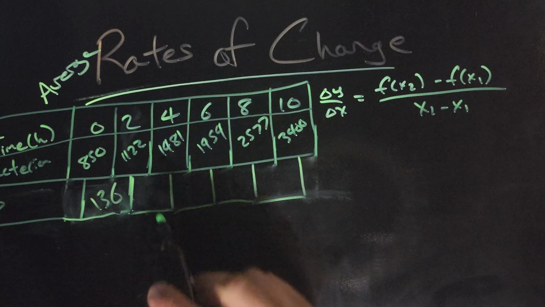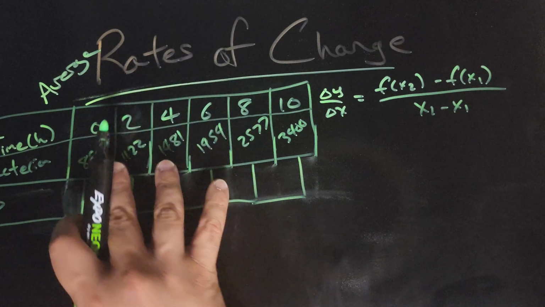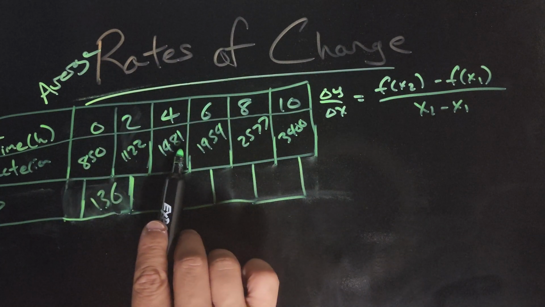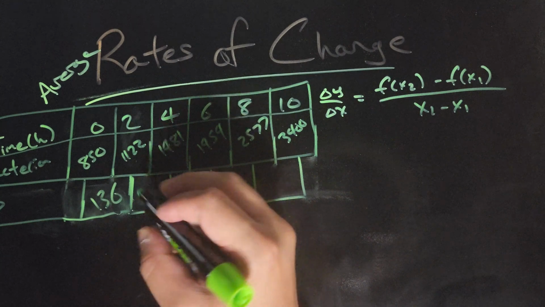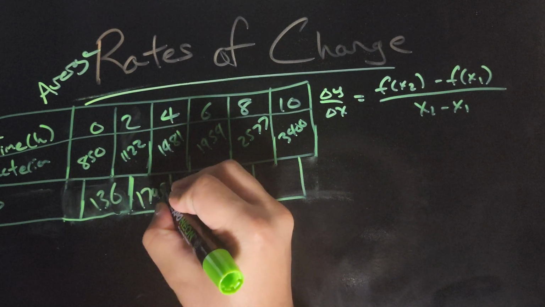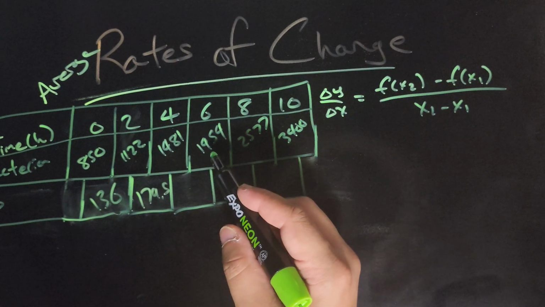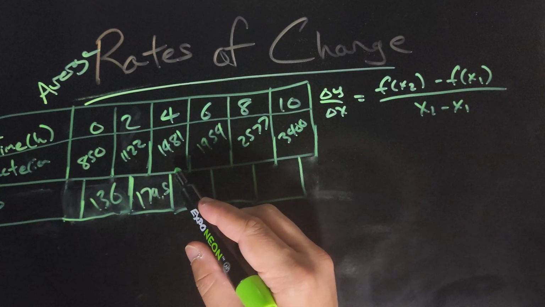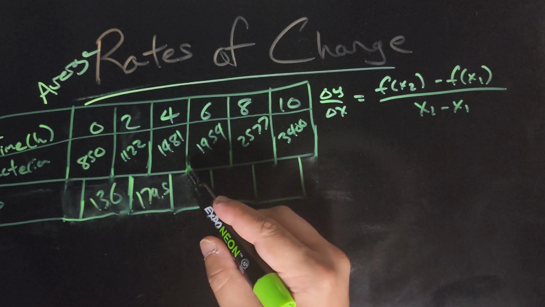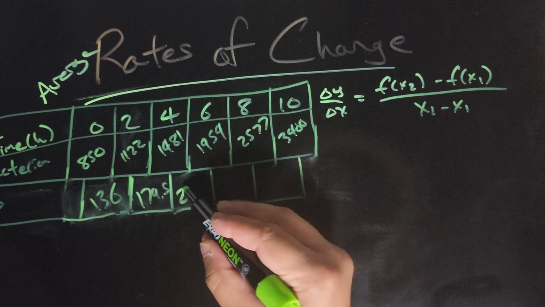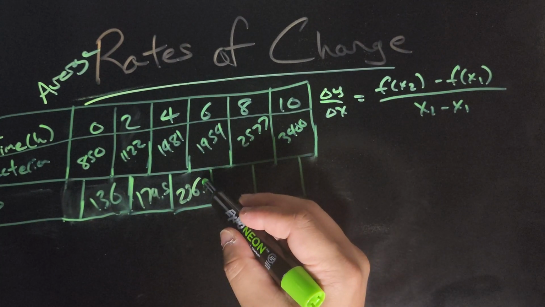Steady rate by 2. So all I need to do is take the difference between this value and that value and divide it by 2. So this one will give me 179.5. 1954 minus 1481 should give me 473 over 2, 236.5.